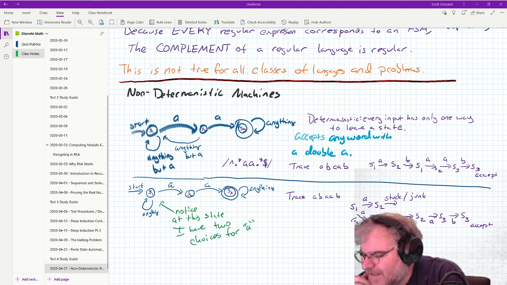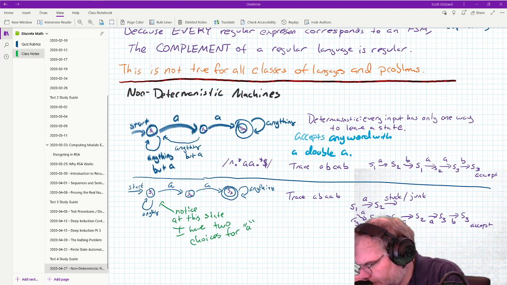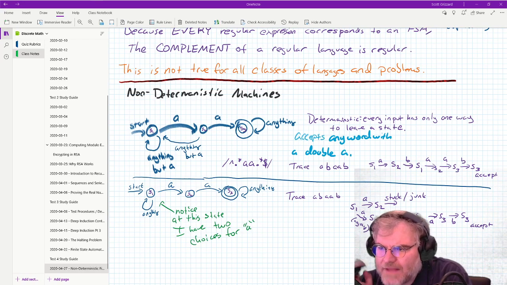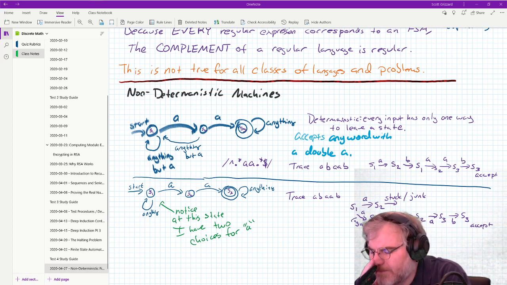Yes, it's non-deterministic. Exactly. So, as long as there's a potential path to a terminal state, it's considered accepting.